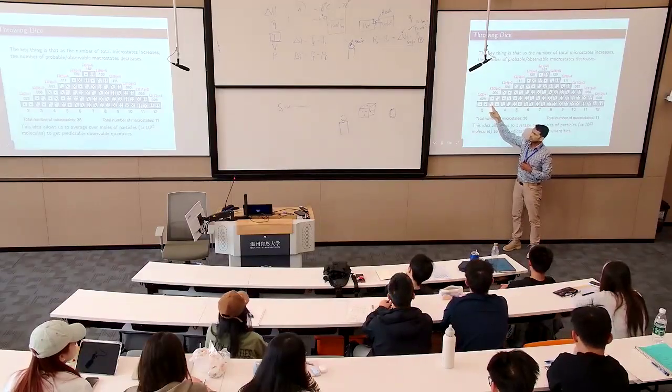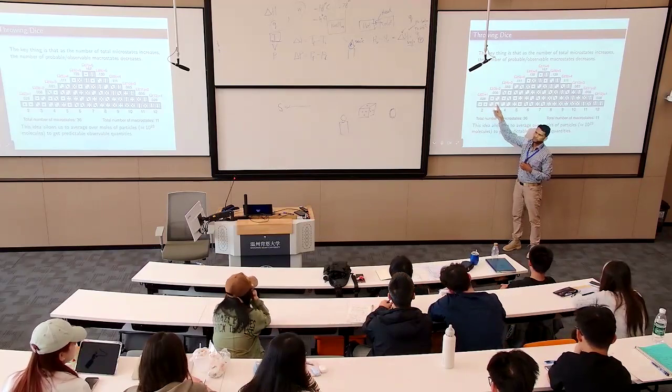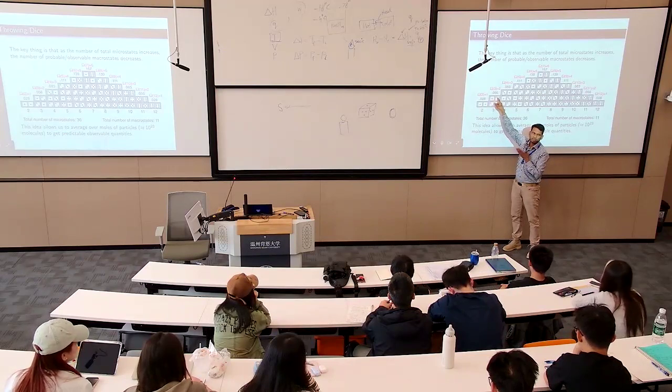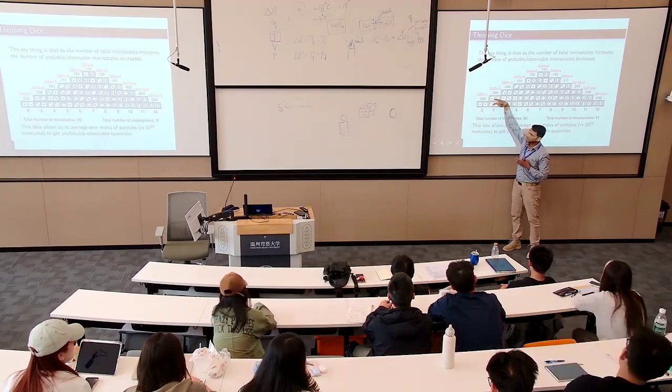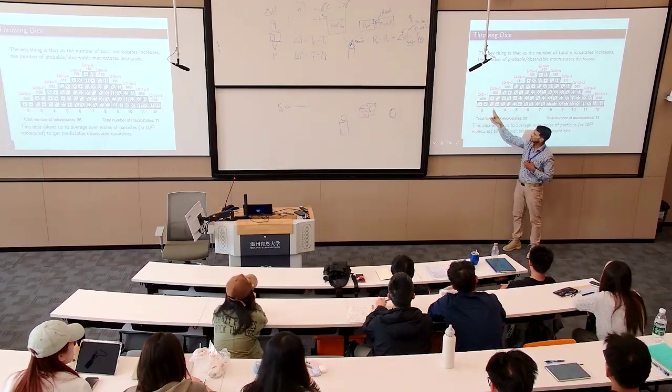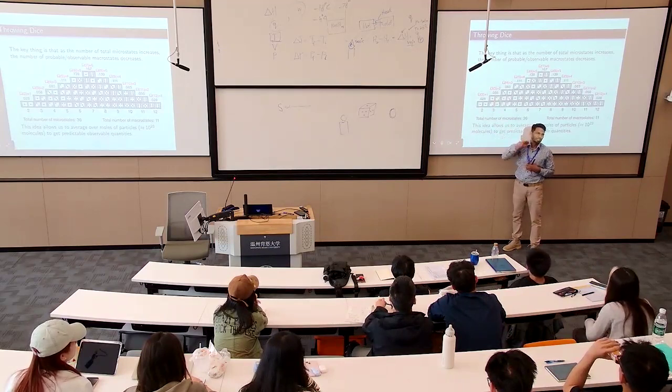Maybe one has 2 and another is 1, or the first dice has 1 and the other is 2. So how many possibilities? 2 possibilities. So to get this number, you have 2 possibilities, 2 microstates.